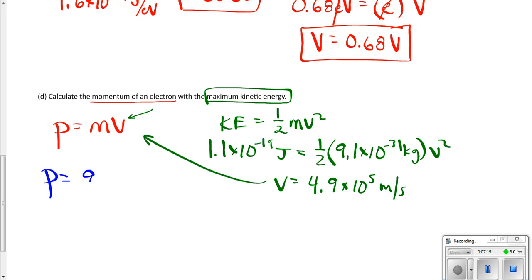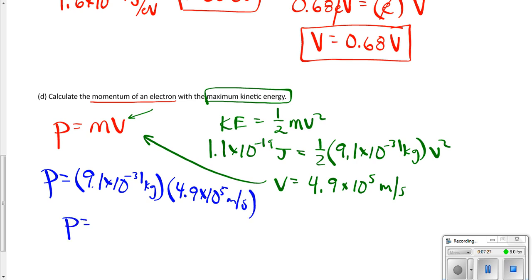So momentum of the electron is 9.1 times 10 to the negative 31 kilograms times the velocity, and we get a momentum of 4.47 times 10 to the negative 25th kilogram meters per second.